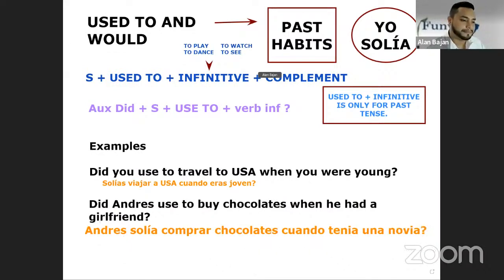Okay. Now, please write a question in the chat using the structure with did, used to, plus verb in infinitive and complement. Write it in the chat.